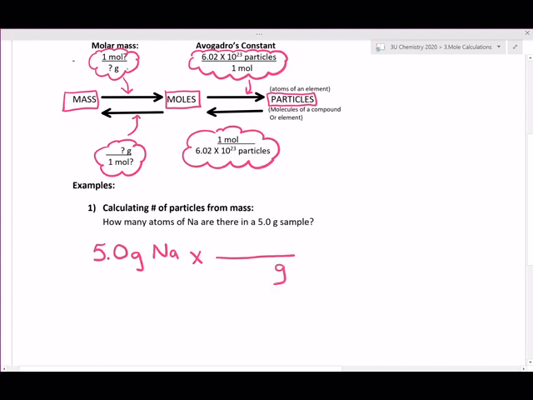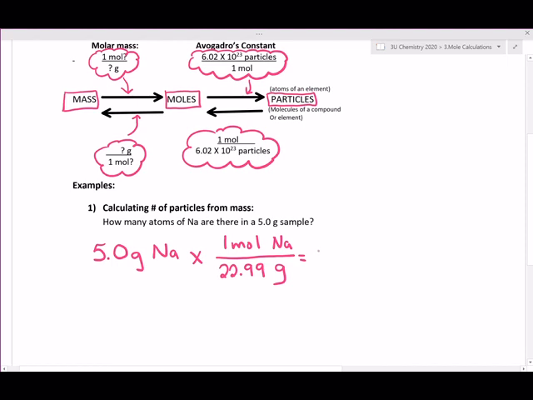And if you look at all of our conversion factors, there's only one of them that works. It's this form of molar mass. So we're going to have mass on the bottom, and we're going to have 1 mole of sodium on top. Now, we're going to have to look that up on the periodic table, and it is 22.99 grams, the molar mass of sodium.